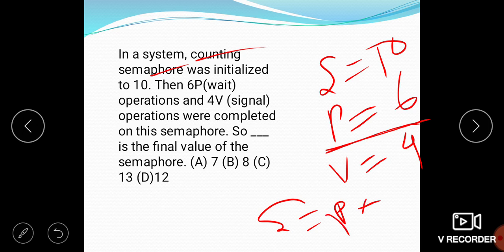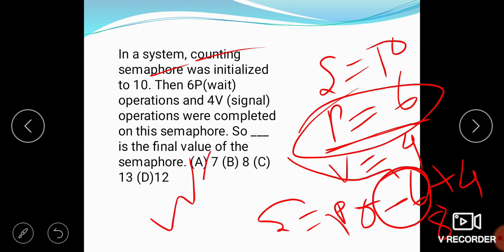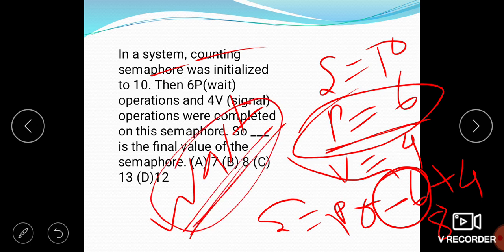So 10 minus 6 plus 4, so the answer is 8. Remember this thing, we always subtract the wait value, because waiting is very difficult, as you all know. So for this reason we have to subtract the wait value. Then after completing this equation you get the value, that is 8.